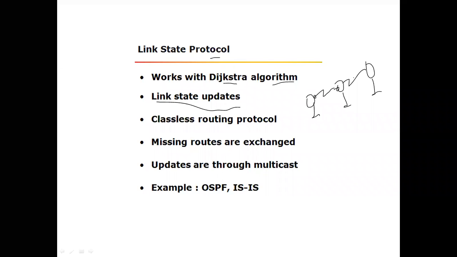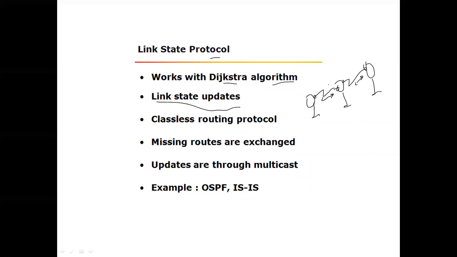When we configured OSPF on these three routers, they become neighbors to each other. Yesterday we saw, and today also we'll see, show ip ospf neighbor. So this router will know about the other two routers. When they become neighbors, then they exchange the routing table.